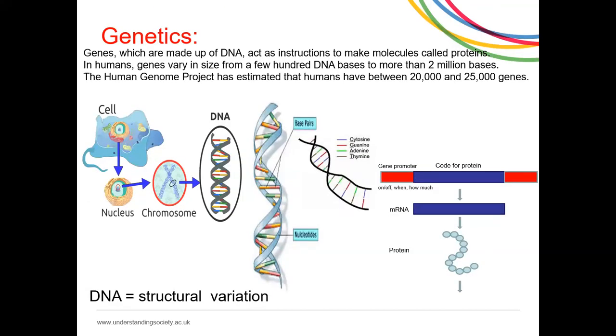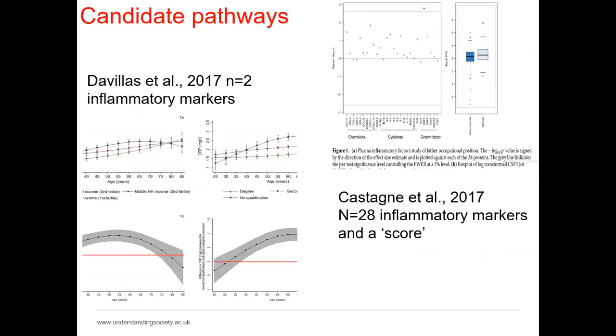As I said, the way that we use biomarker data is to think about the pathways by which the environment and health are associated. And in the past, we've gone down this candidate approach, and that contrasts with this omic approach. So we have written lots of papers using this candidate approach.